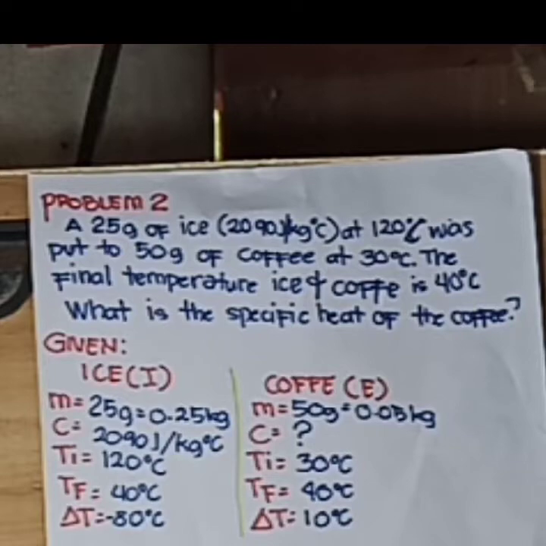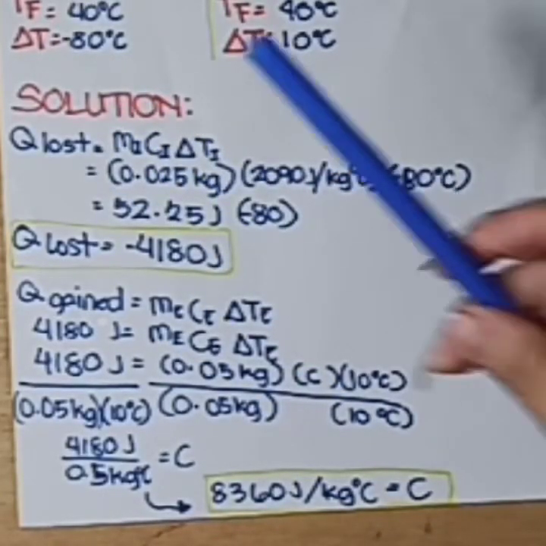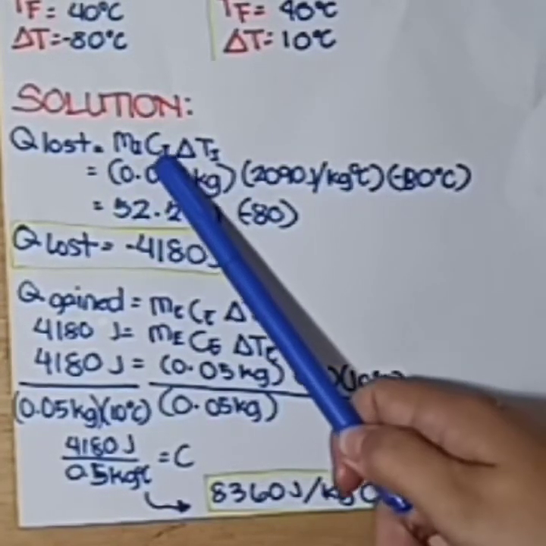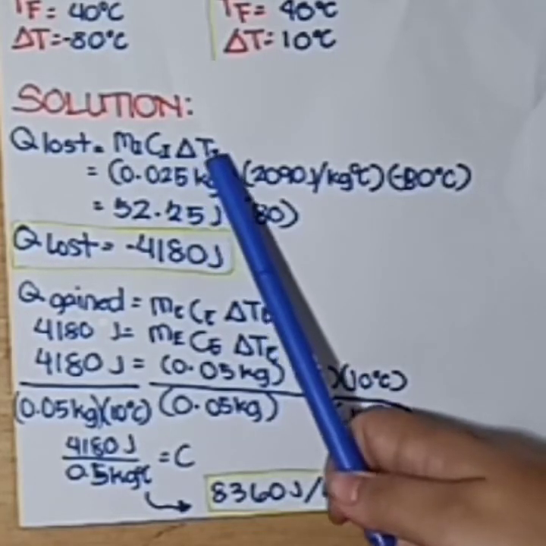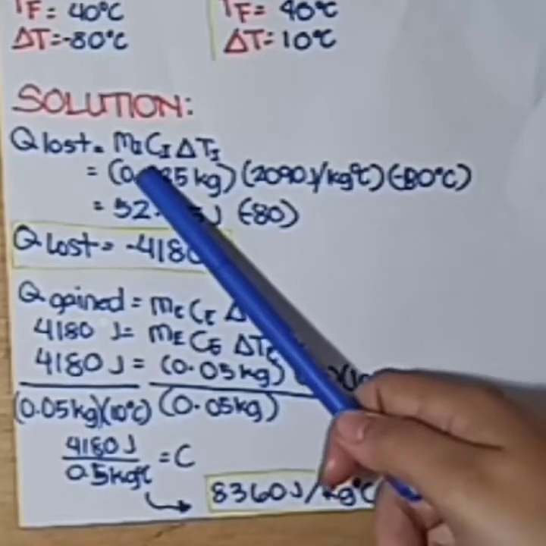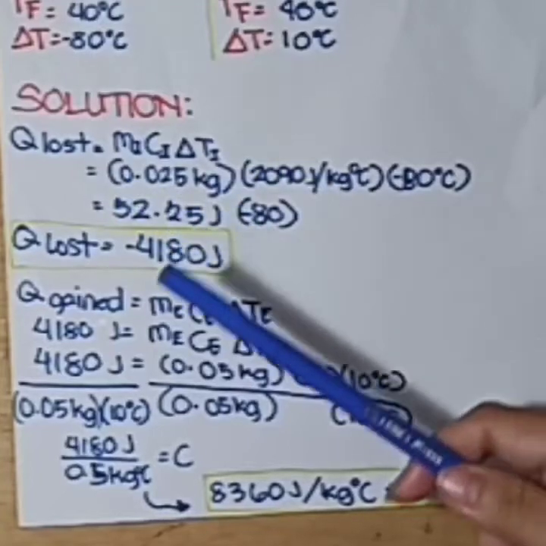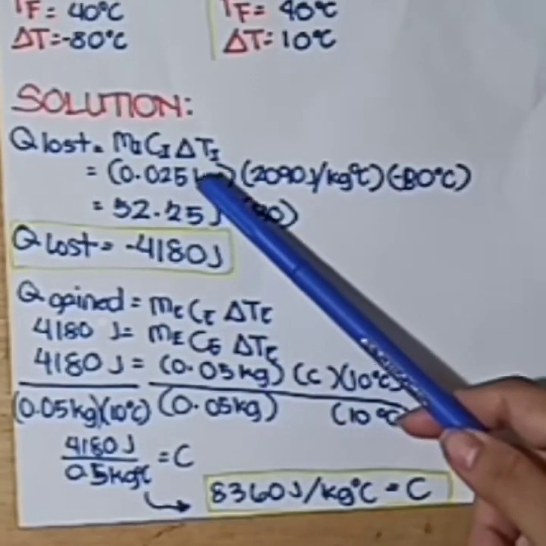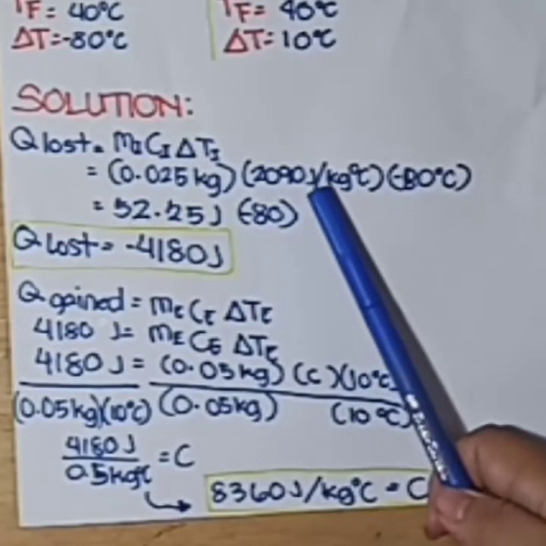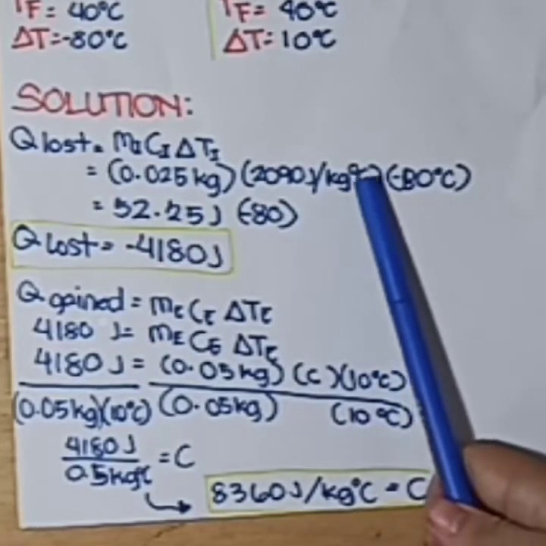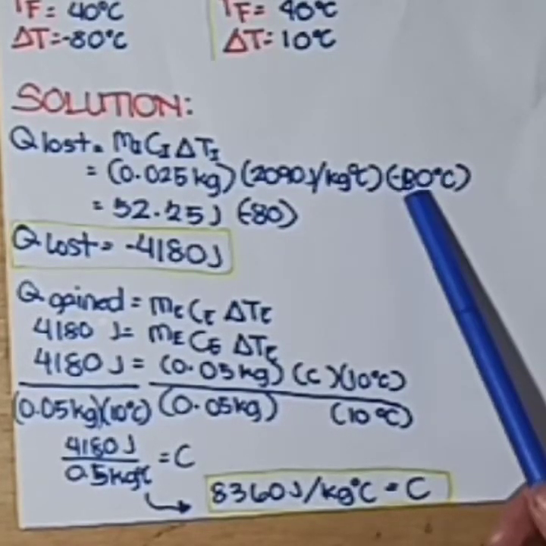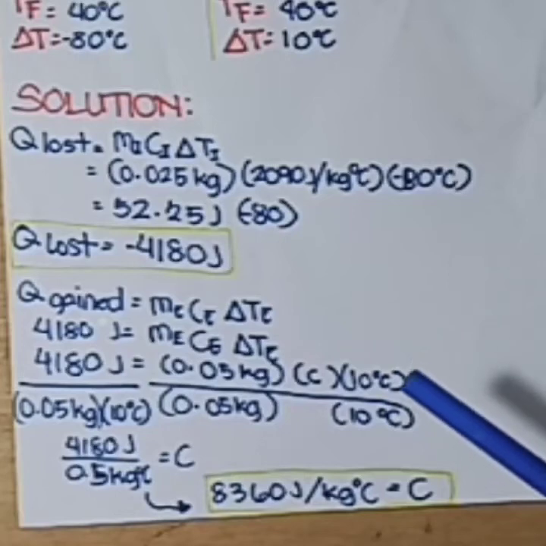Let's proceed to the solution. First, the formula is Q is equal to mass times specific heat times the change in temperature, and we put big I here as the sign for ice. Next we write the given: the mass is 0.025 kilograms times 2,090 joules per kilogram degrees Celsius for the specific heat, and the change in temperature is negative 80 degrees Celsius.